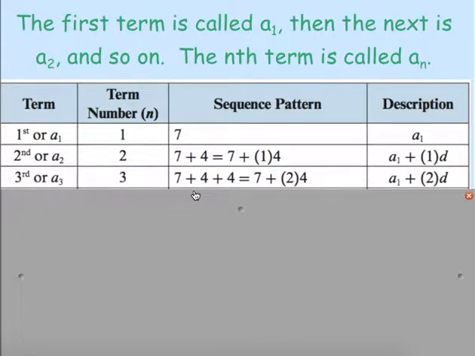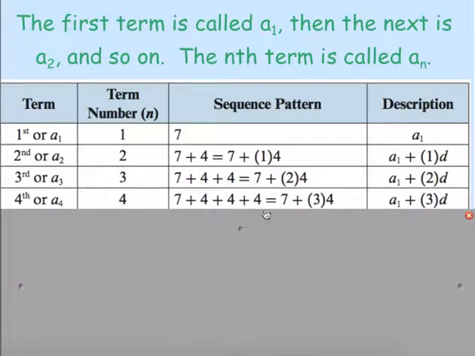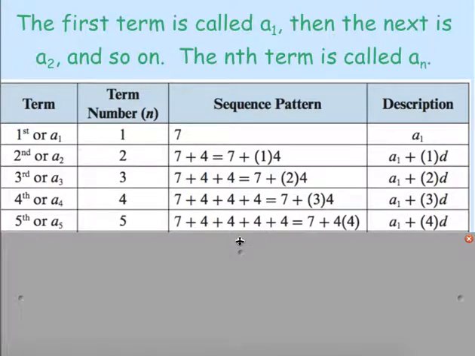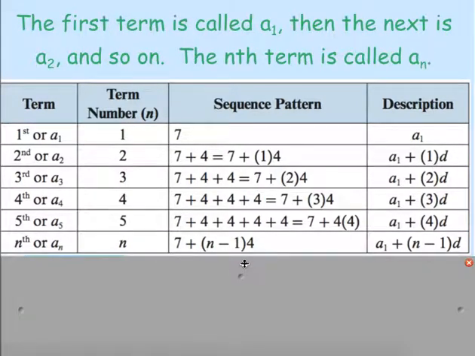Third, I take my first term and add two 4s, so I'm adding 2 differences to my first term. Fourth, we add 3 differences. Fifth, we add 4 differences. And lastly, for n, we add n minus 1 differences to our first term.